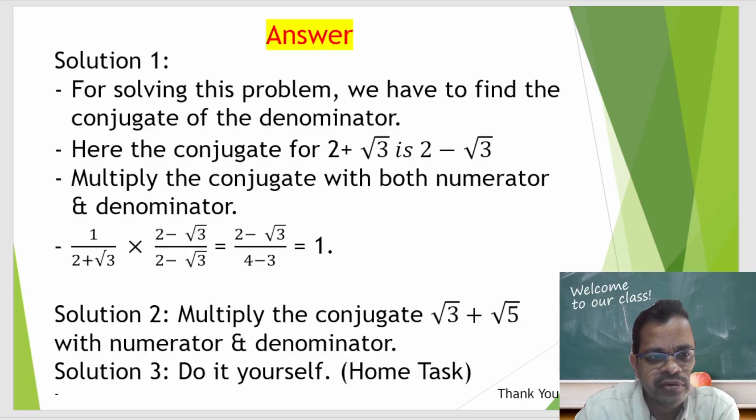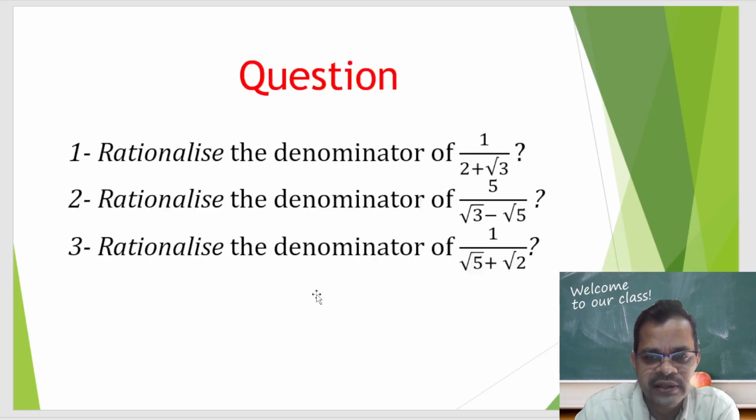Simply, so in the second question we'll take the same concept and multiplication will happen. Here we have to rationalize the denominator, square root of 3 minus square root of 5. So what we will do? 5 into, divided by square root of 3 minus square root of 5 into.